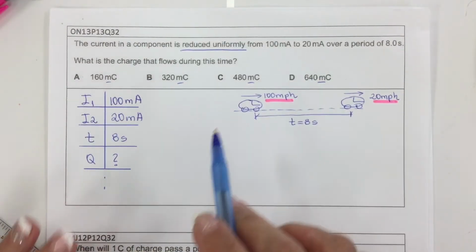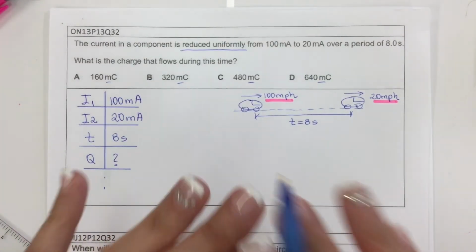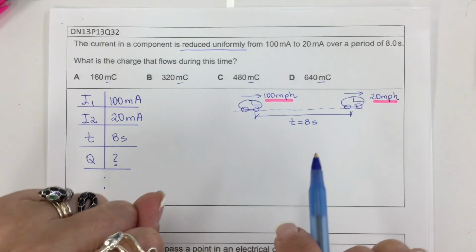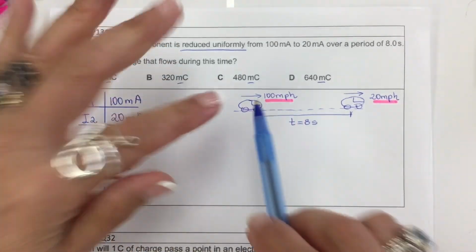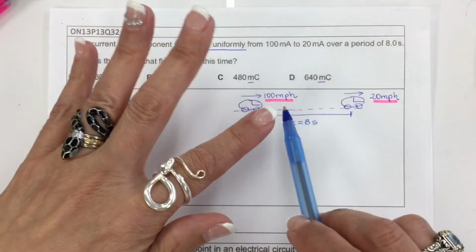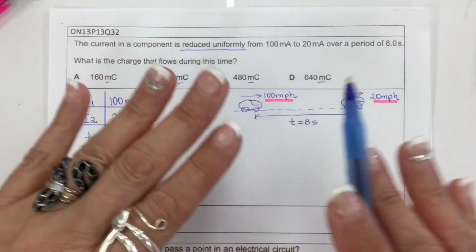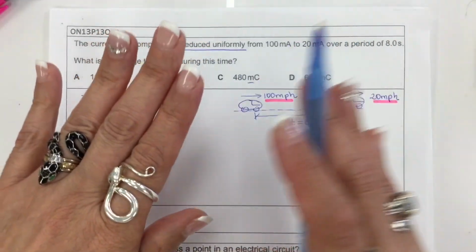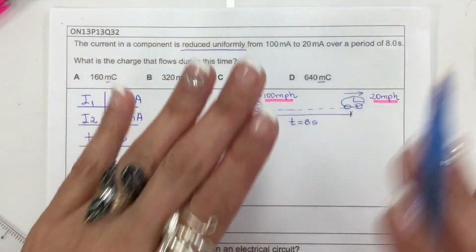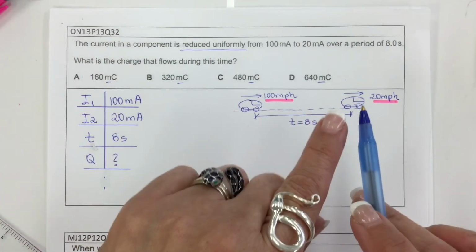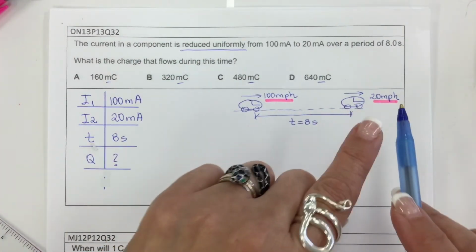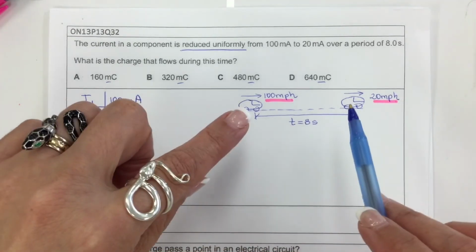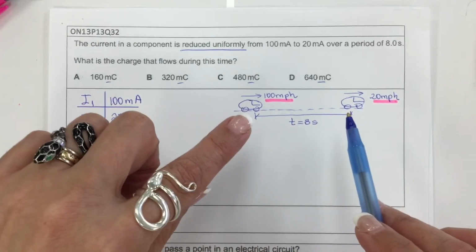To explain how to solve this problem, I want to make an analogy with a car that is driving 100 miles per hour and uniformly, which means at the same rate, reduces its speed to 20 miles per hour in a time of 8 seconds.